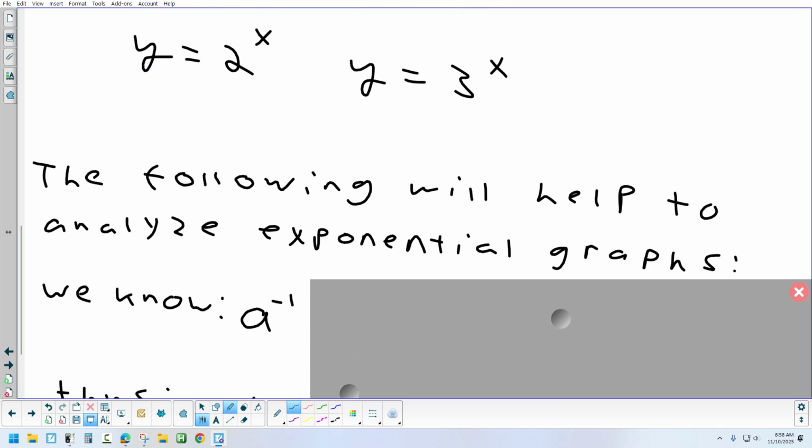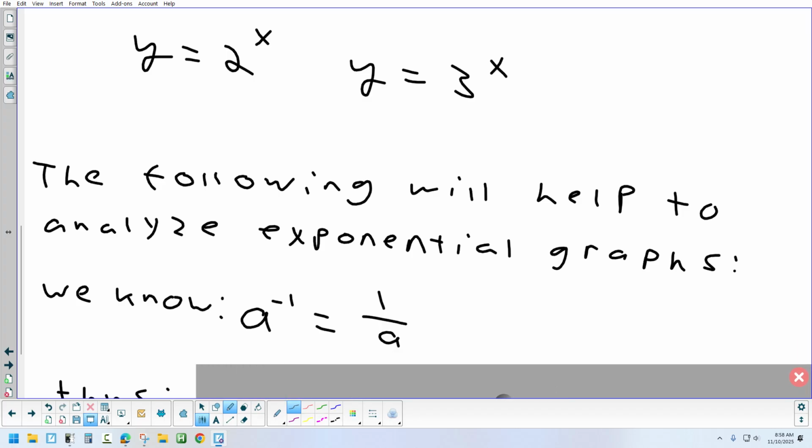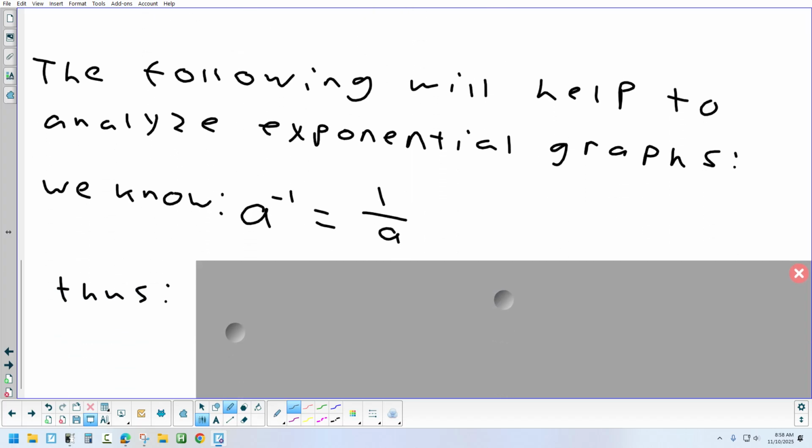Kind of mentioned this earlier, but a to the negative 1. How could you write that without a negative exponent? A to the negative 1. Yeah, that means 1 over a. When you raise something to the negative 1, it just means reciprocal. So now, let's see if we can use that idea to simplify this. We have a to the negative x, and the goal is to get rid of that negative in front of the x.